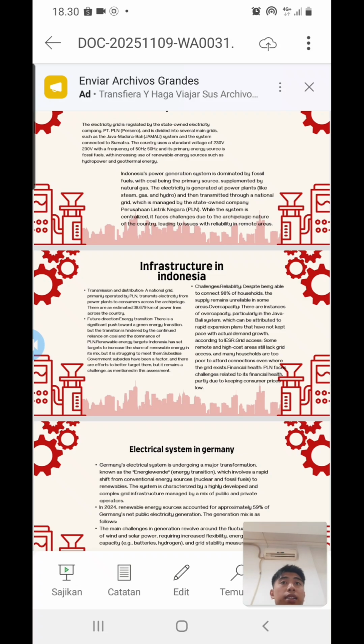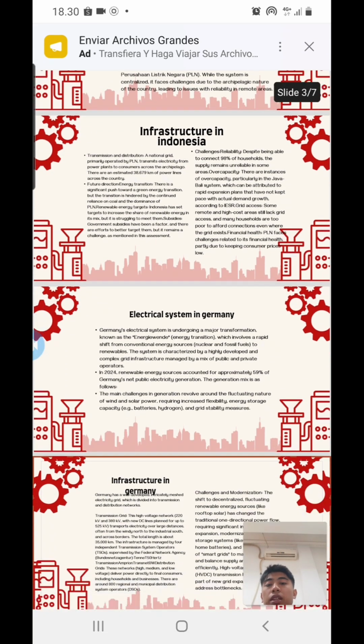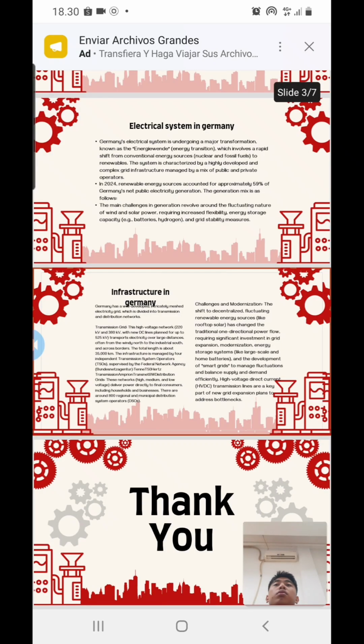So the next slide is, what about the electrical system in Germany? In Germany, the electrical system is undergoing a major transformation, known as the Energiewende or the energy transition, which involves a rapid shift from conventional energy sources, like nuclear and fossil fuels, to renewables.